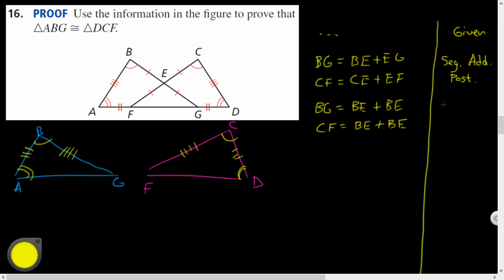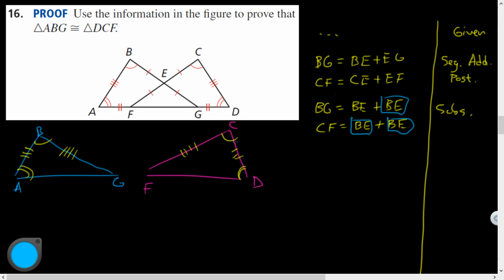I just do a whole bunch of substitution, like 3 substitutions, substituting in for here and here and here, using the fact that BE was congruent to all of those.